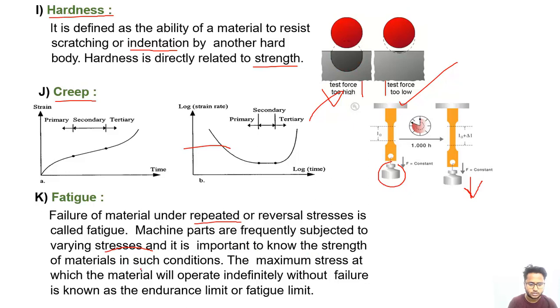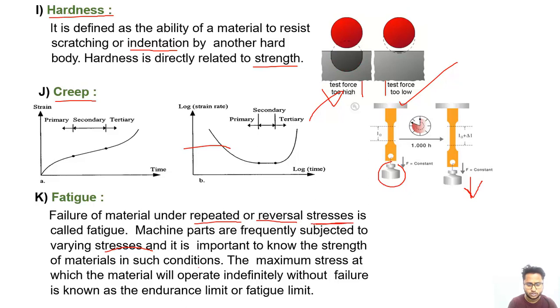The machine parts are frequently subjected to various stresses, and it is important to know the strength of the material in such conditions. If the forces are applied in a repeated or reversal nature, then the material strength will decrease. So we have to know the actual strength of the material in case of repeated and reversal cycles, meaning reversal forces or load.